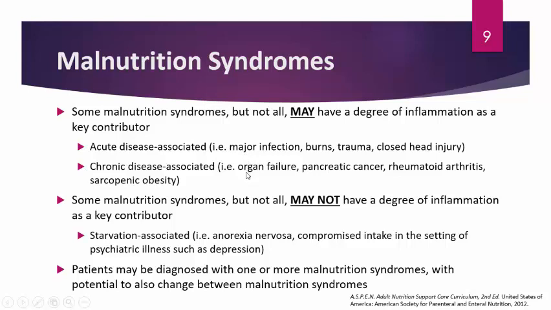Some chronic organ failures that you may see include end-stage renal disease or even cirrhosis. Pancreatic cancers and cancer in general can be a chronic disease-associated type of malnutrition syndrome, assuming that malnutrition develops. Rheumatoid arthritis, which is already an inflammatory disease state. And then something else called sarcopenic obesity.